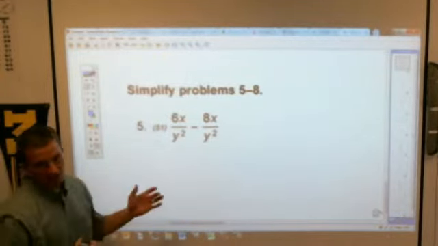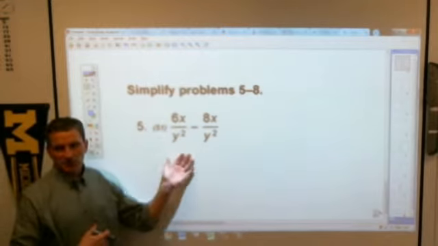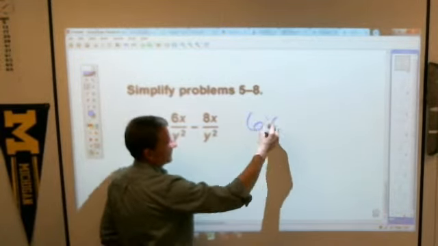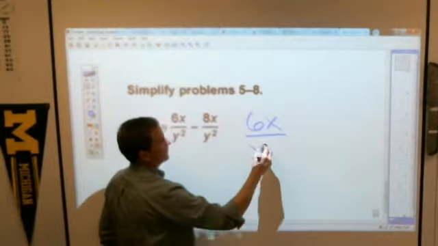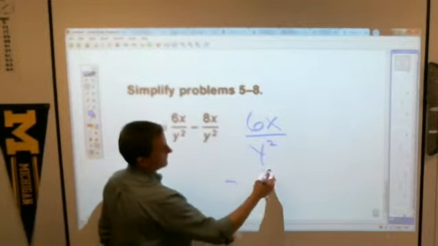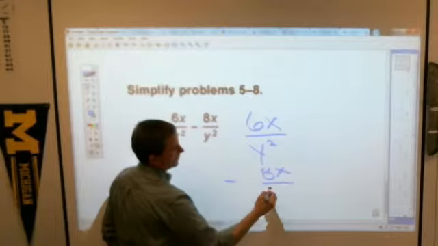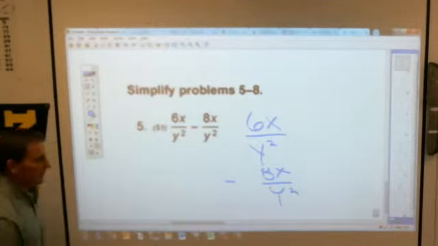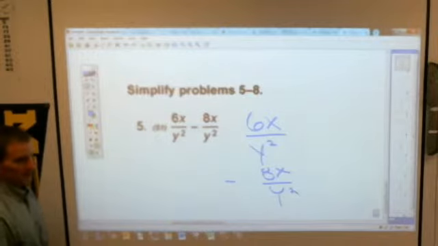How about on this case here, when you add and subtract fractions, what are you supposed to do? Write them up and down. I'm just going to do that just because I like to be consistent. I have 6x over y squared minus 8x over y squared. First thing I have to do is find common denominators. Wade, what is my common denominator? It's already got common denominators.